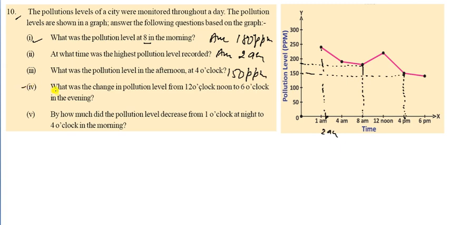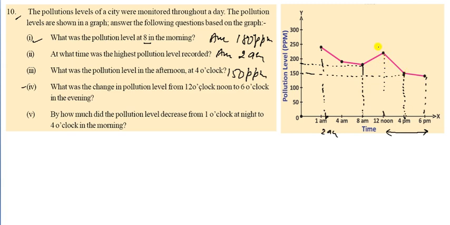Now the fourth question, what was the change in the pollution level from 12 o'clock to 6 o'clock? So 12 o'clock to 6, this one, the 12 to 6. So what will be the change? You can see upward, and in this downwards.